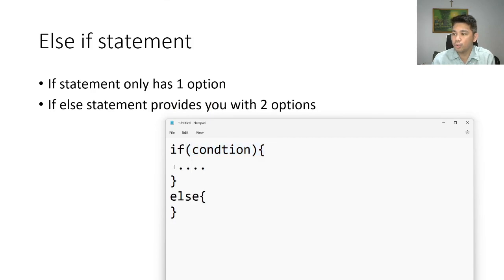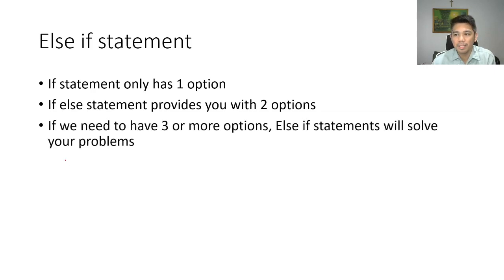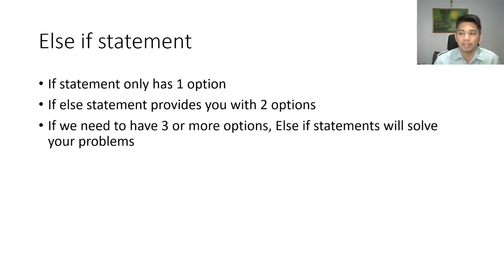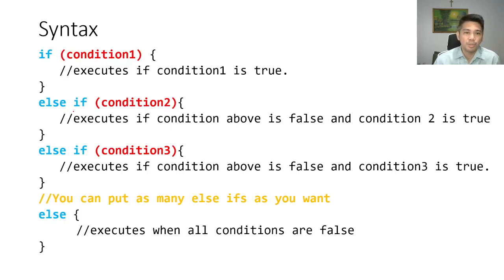If the condition is true, perform this. If the condition is false, skip this, perform else instead. Now, si else if, inilalagay natin siya so that we can bypass these two different paths. Magkakaroon tayo ng pangatlo, pang-apat, pang-lima. How? Let me show you the syntax.